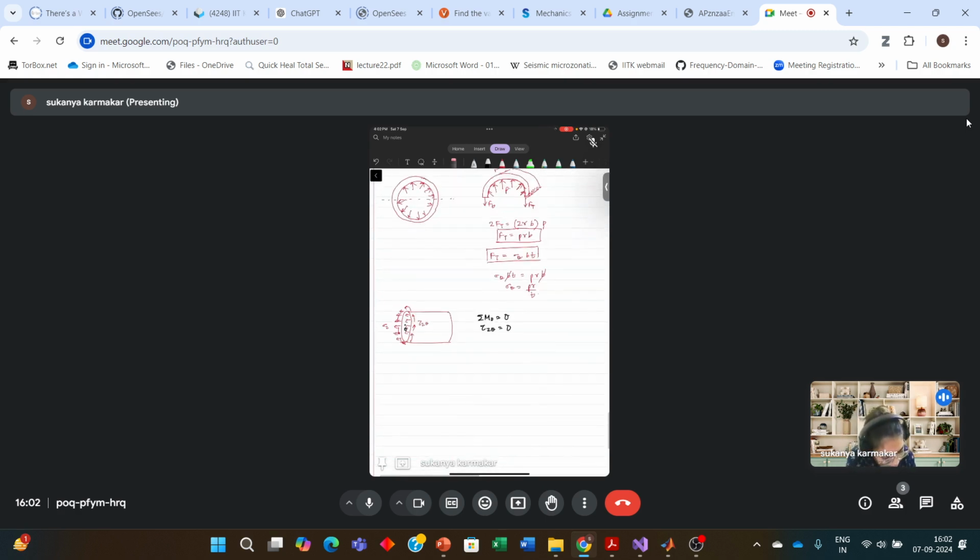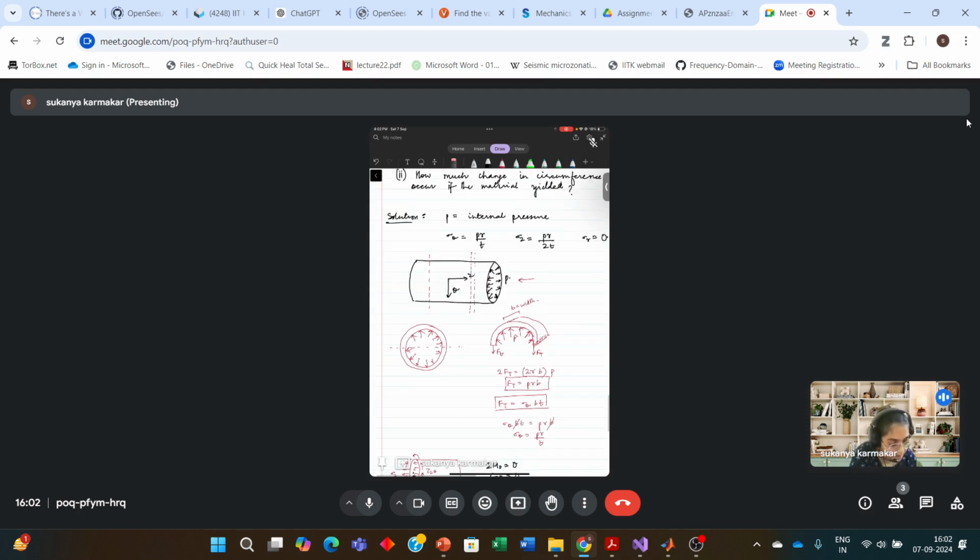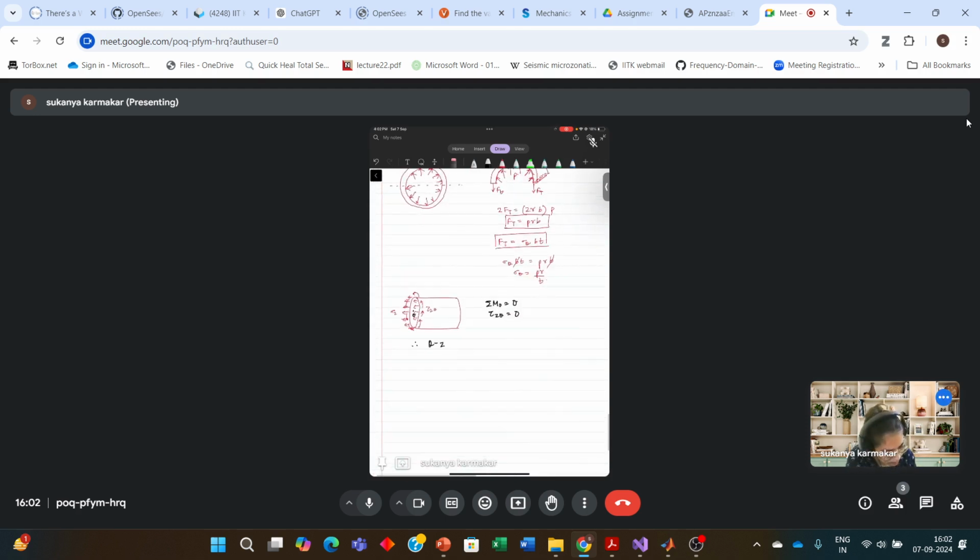Why is it the principal axis? Because the shear stress is 0.